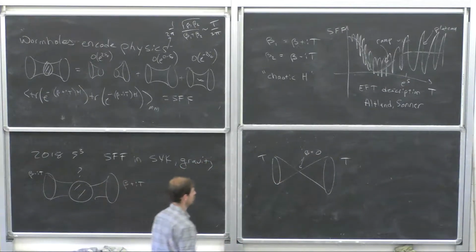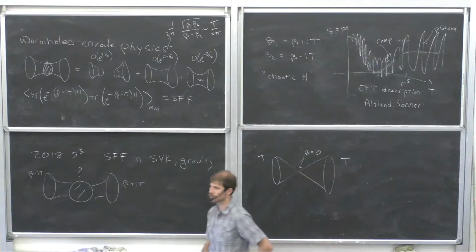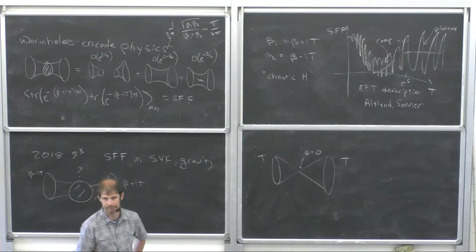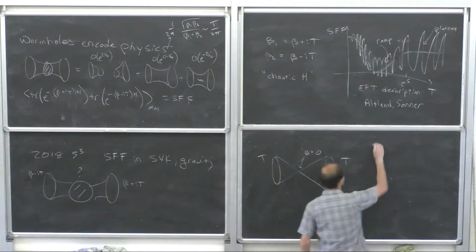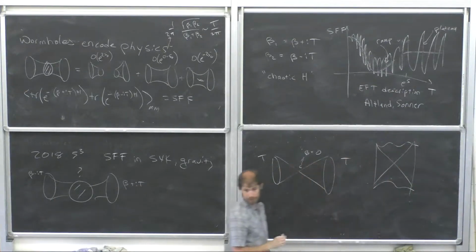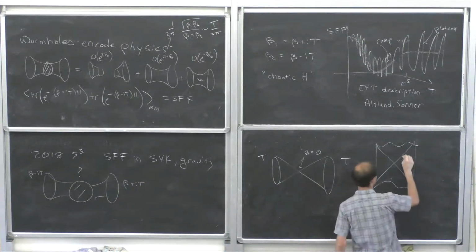What are these double cones? These are saddle point solutions of Einstein's equations because they come as an orbifold of a solution that you know very well, the two-sided black hole. Take a two-sided black hole at some fixed mass. There's a Killing direction.